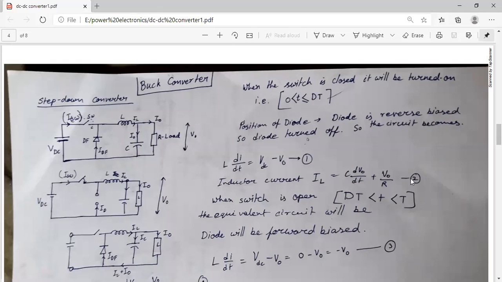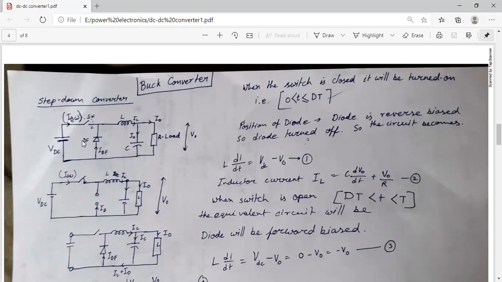This is when the switch is open. So it is the time we consider that is less than the total time and greater than the duty ratio into the total time, so DT less than t less than T.